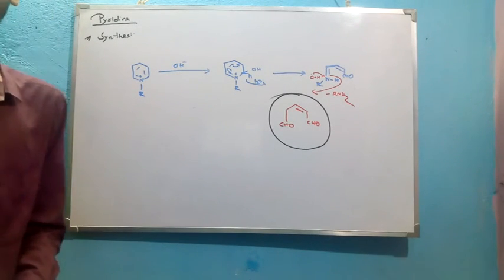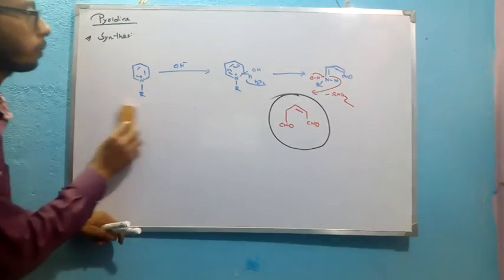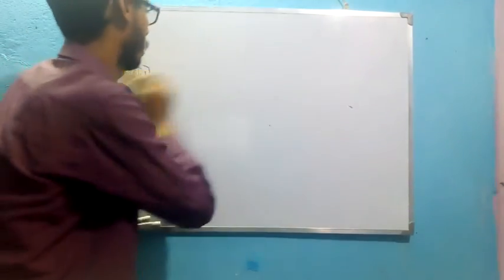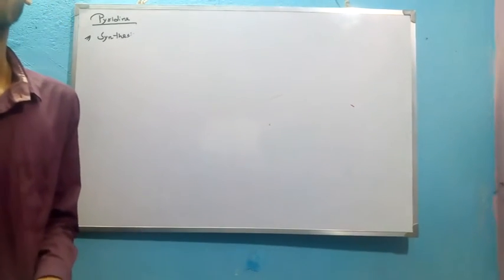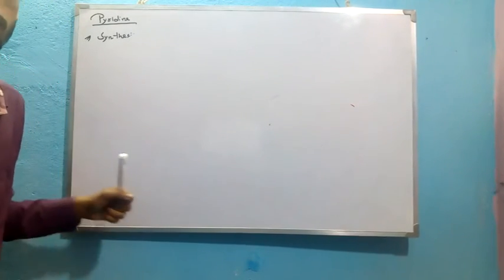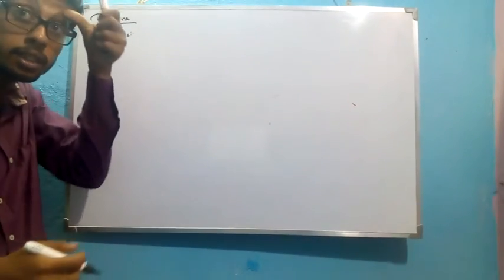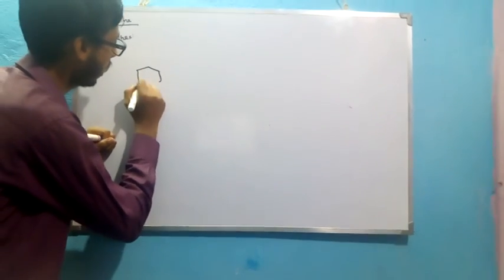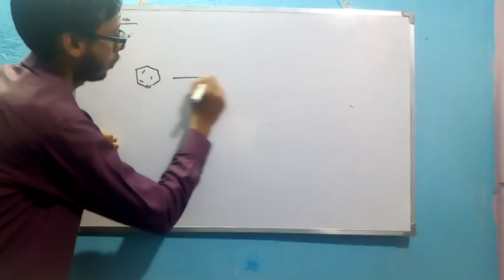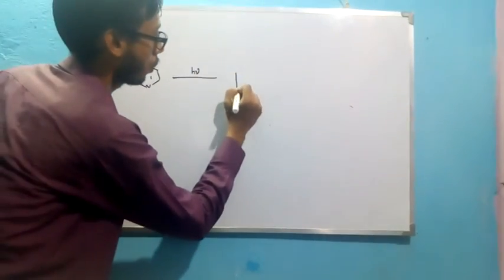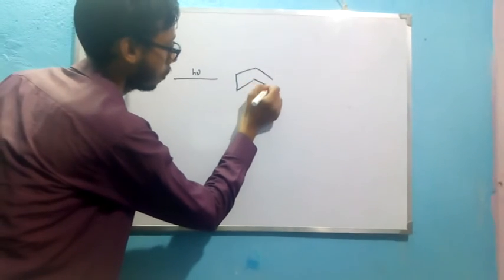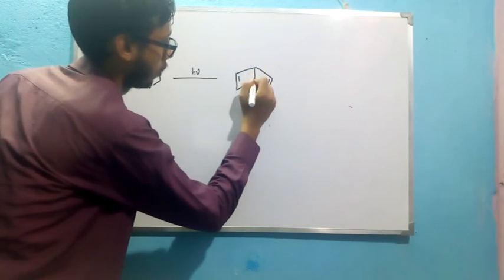In the photochemical reaction of pyridine, it produces Dewar pyridine. This is the pyridine, and on photochemical reaction it produces a compound like that.